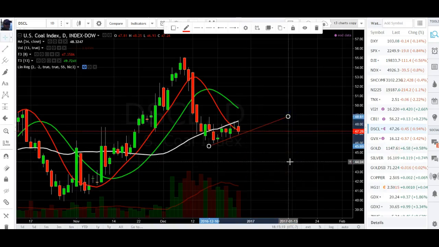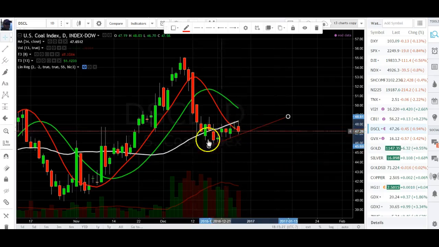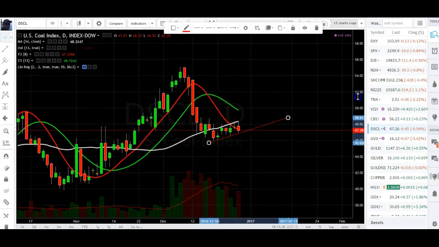Anything could happen, but we got the cross of the 8 over the 34 and doesn't help at all. That looks like a bearish flag. Channeling against the SMA 34.